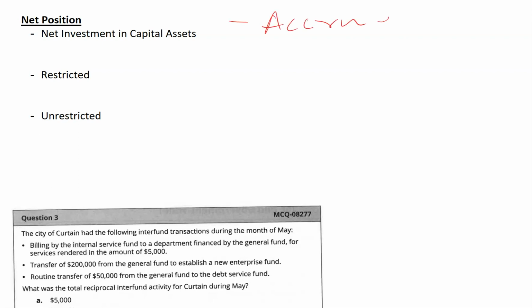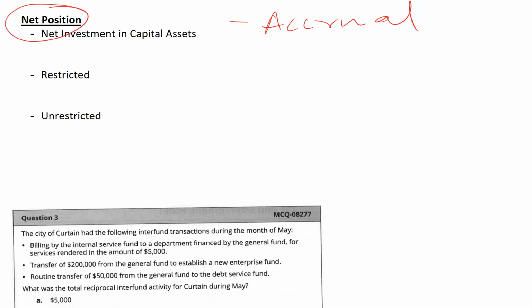So for the accrual method, when you see the differences between the assets and liabilities, or assets plus deferred outflows and liabilities plus deferred inflows, that balance for government-wide and enterprise funds, we call it net position.